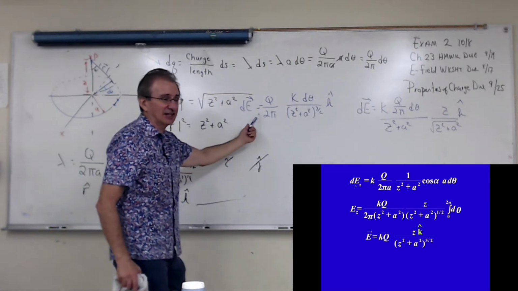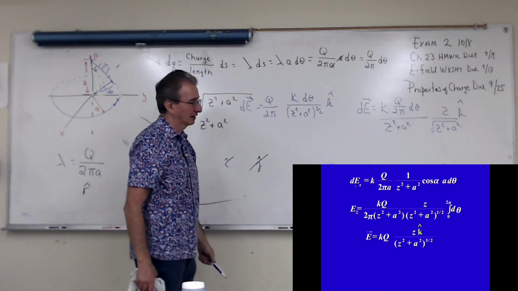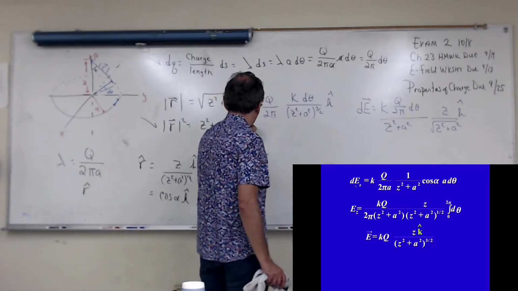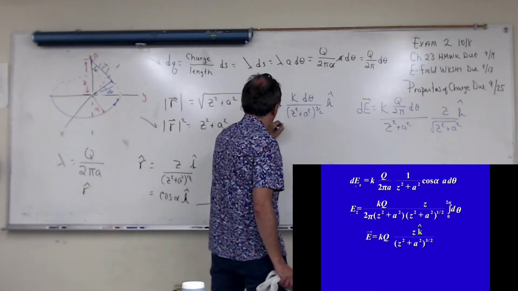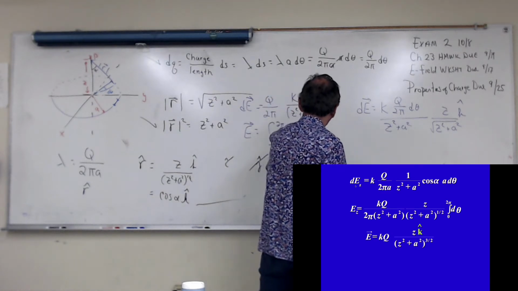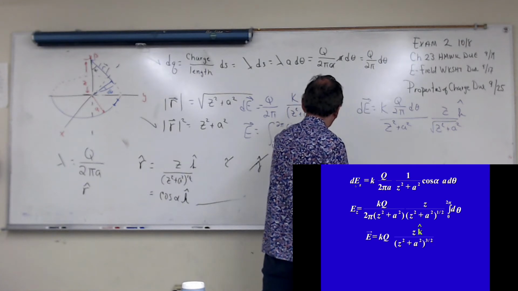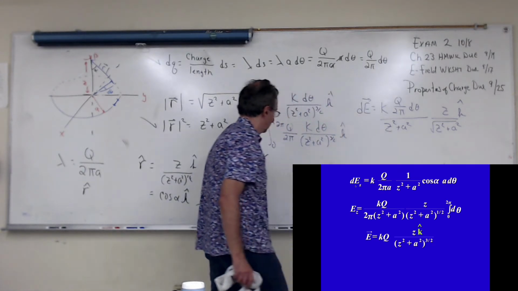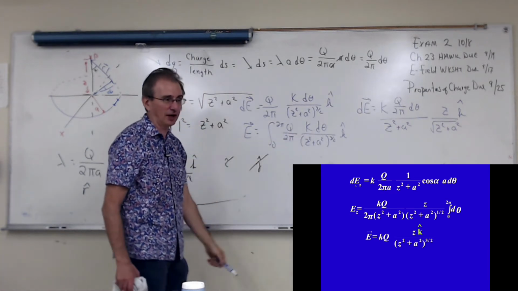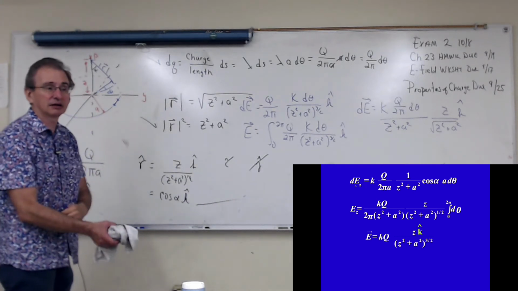And when I integrate, this is actually an easy integral because I'm integrating d theta from 0 to 2 pi, because I got to integrate over the entire ring. That integral just gives you 2 pi. So the integral is easy. The setting it up is the hard part.